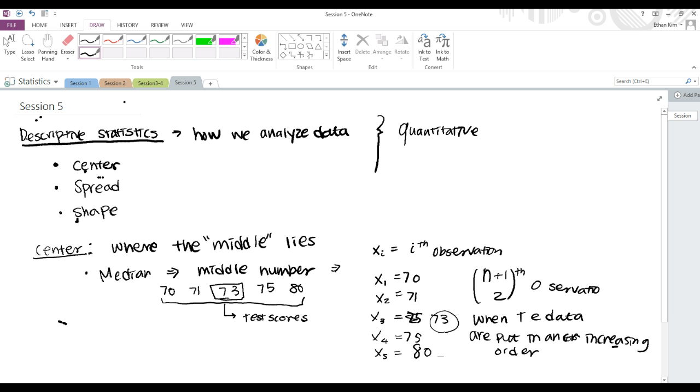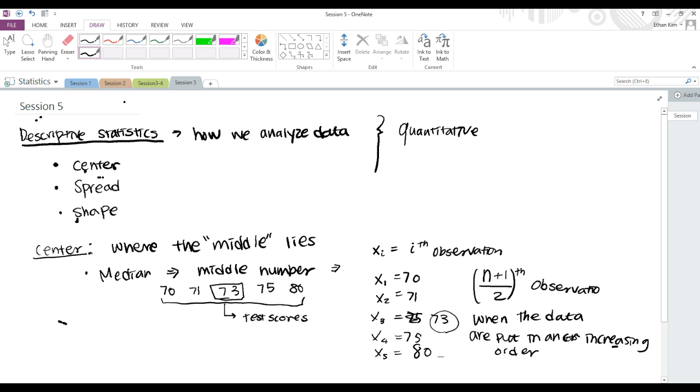In this case, since we have 5 observations, 5 plus 1 is 6, over 2 is third. So 1, 2, 3. The third observation is the median, which is the middle number.